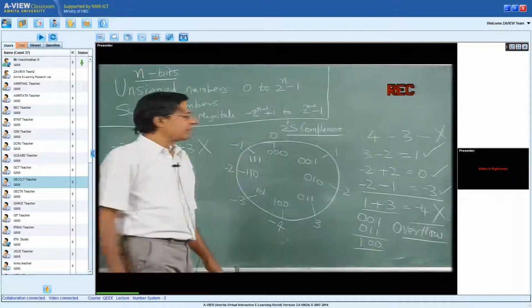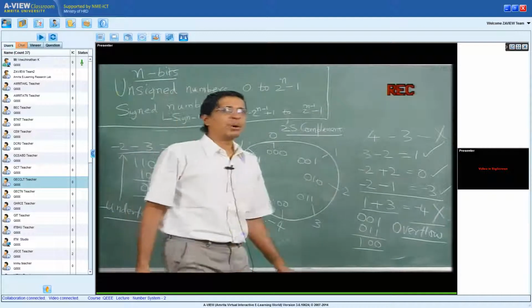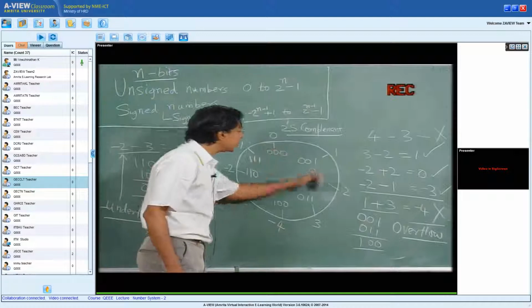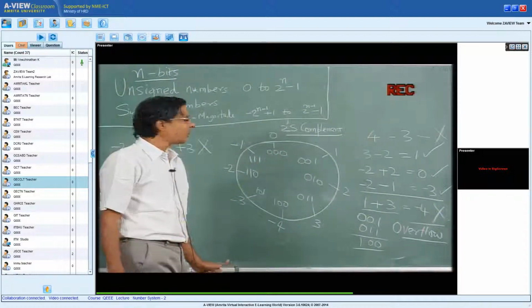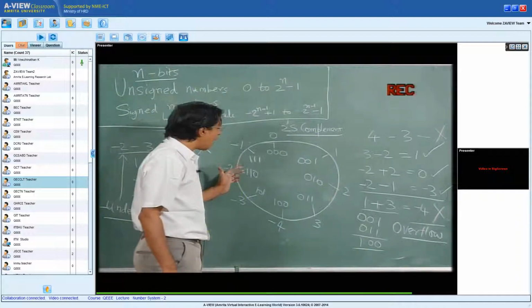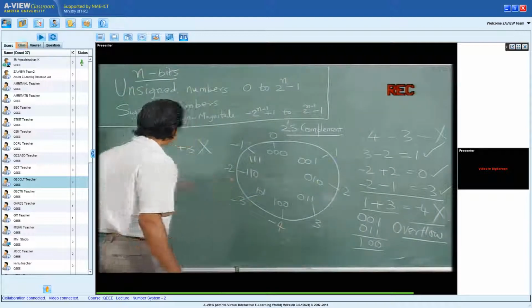So how do I detect this overflow and underflow? Please note that, assuming the inputs are within this range, an underflow can happen only if I have two negative numbers. For example, minus 2 minus 3.